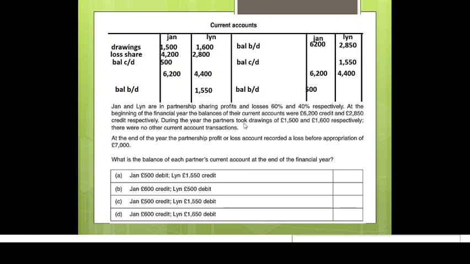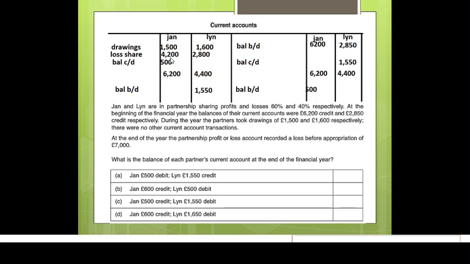We have partners who took drawings of 1,500 and 1,600, so these are deductions, on the debit side. And then we have a profit. The profit and loss account, i.e. the income statement, recorded a loss of 7,000. This loss is split 60-40, so Jan takes 60 and Lynn takes 40.